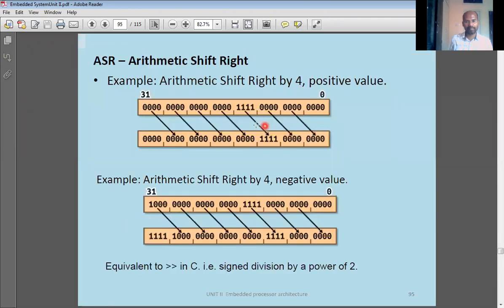Now let's see ASR. If it is a positive value, what happens is, this is the value that enters into the barrel shifter. After processing, what processing? ASR, arithmetic shift right. This is what comes out of the barrel shifter. Now see what happens. These 4 bits will occupy the LSB bits. These 4 bits will be dropped. In this case, they are zeros, whatever.